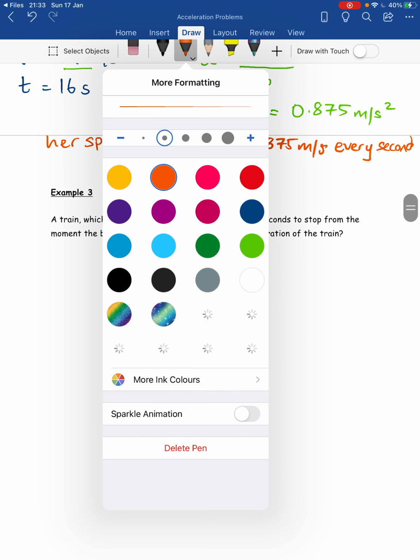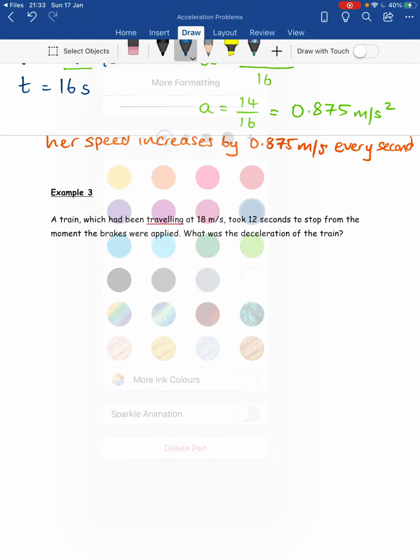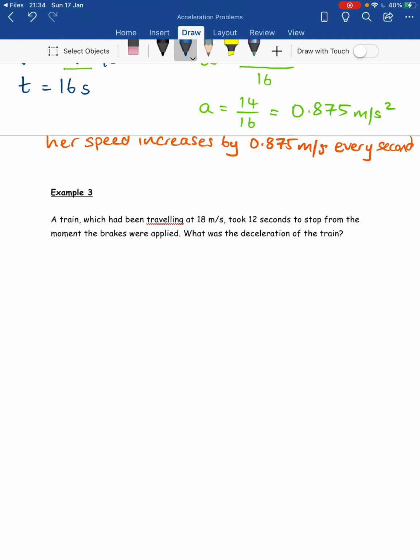Final example. We've got a train travelling at 18 meters per second. It then took 12 seconds to stop from the moment the brakes were applied, and we want to find the deceleration of the train. Now what you're going to notice this time is, because it's a deceleration, it's not going to be like the sprinter in the last question where our speed increases, because it's the opposite.